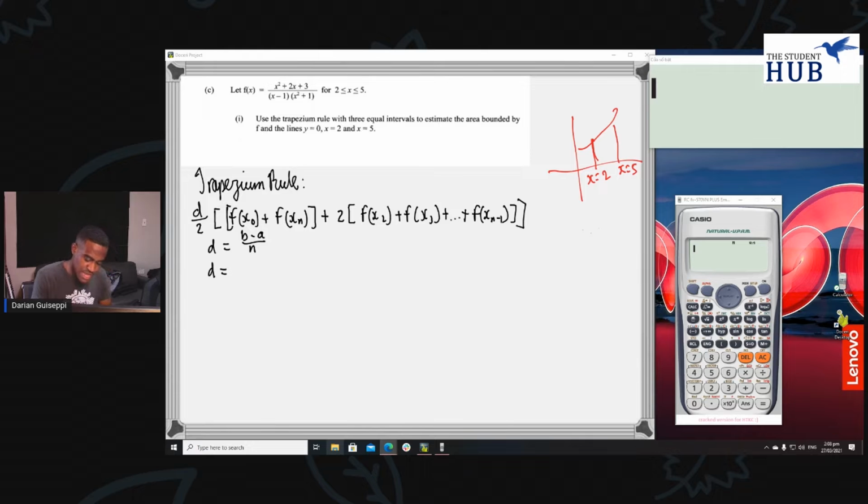So a and b are your lower and upper limits, and n represents the number of equal intervals. In some questions we have to plug in the upper and lower limits here, and that's what we need to do.